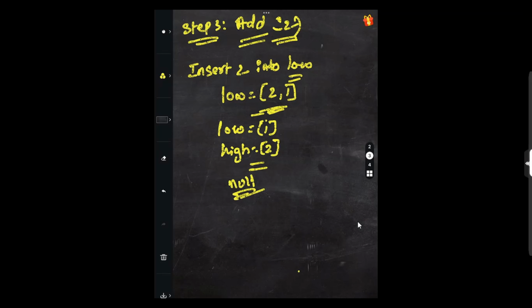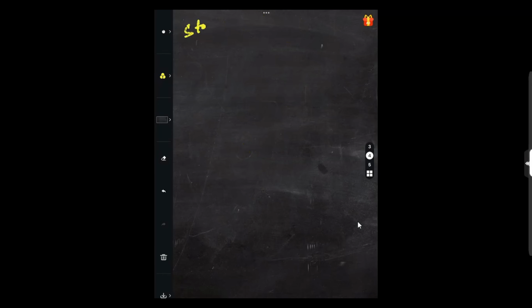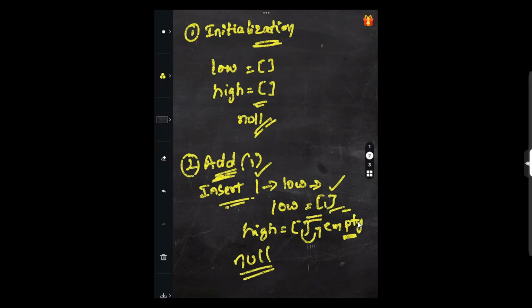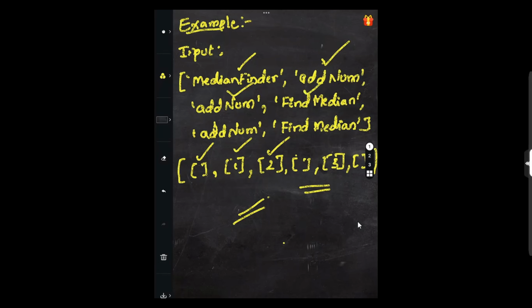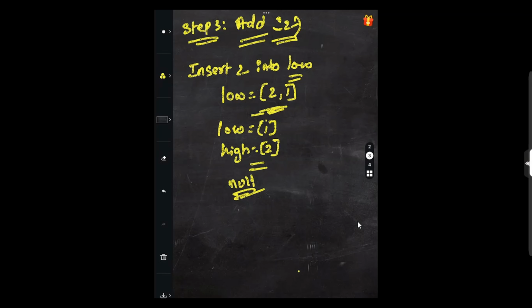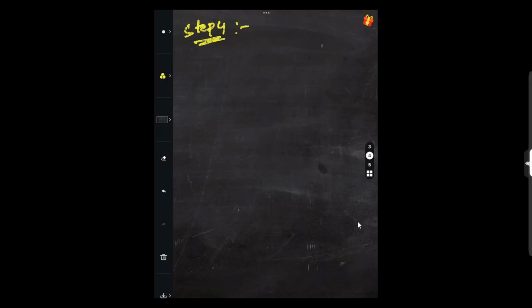We are going with the add method right here. So let's move on with step 4. Let's see first what they have given. This one, find median with empty braces, they have given here. We don't have any element here, right? So as we have discussed in this approach, it is low.size.